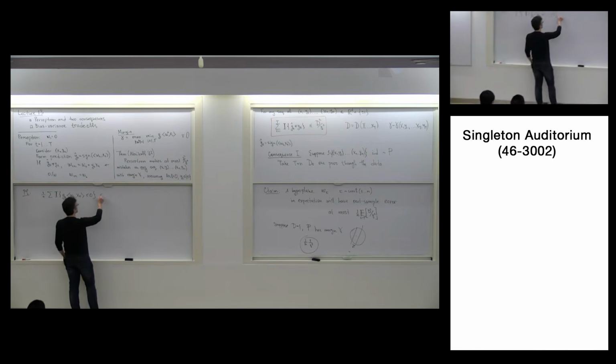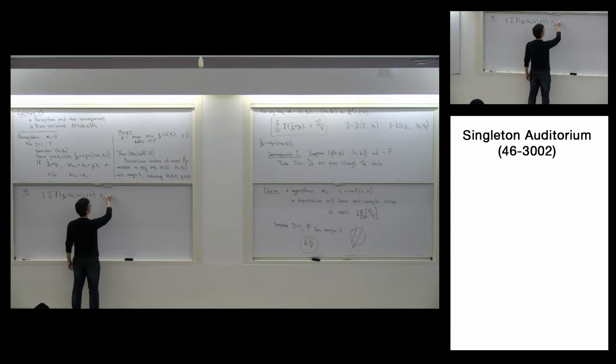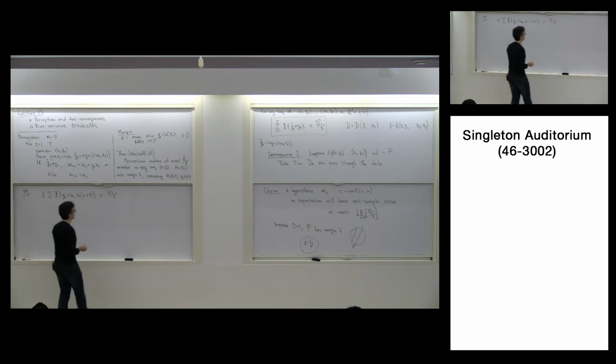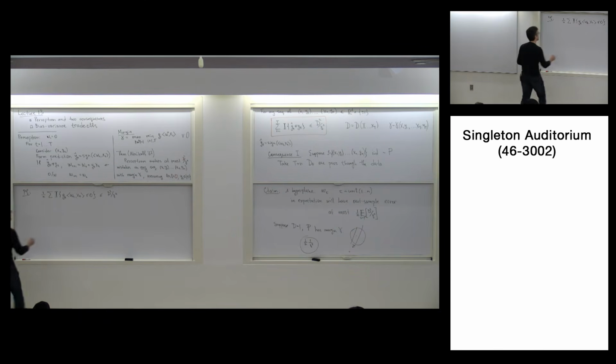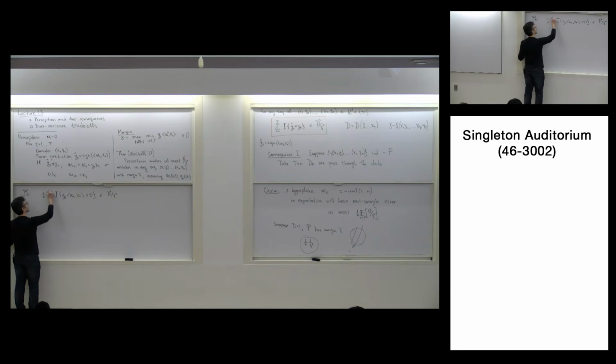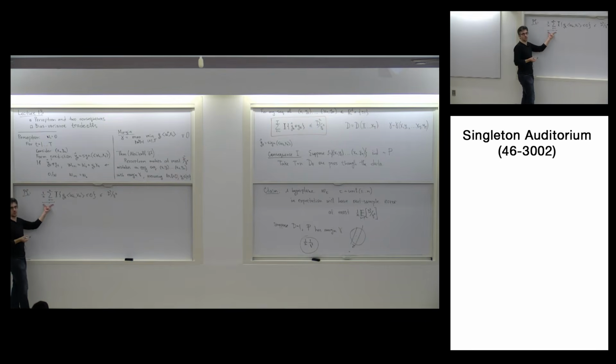So we know that this is less than d squared over gamma squared. And now I'm going to take an expectation on both sides. But in fact, before I do that, let me do the following. This is nothing but an expectation with respect to a choice of tau, right?